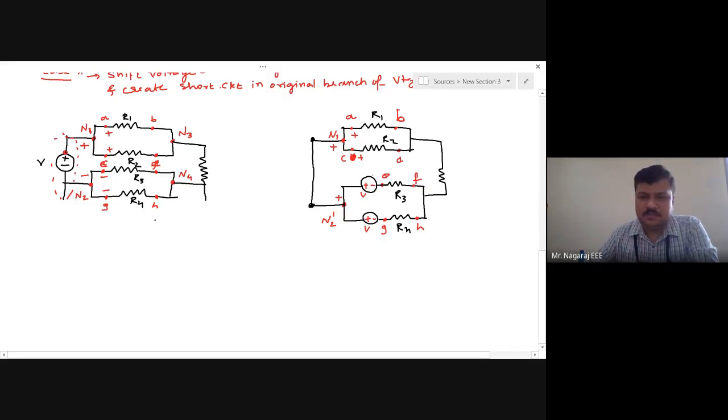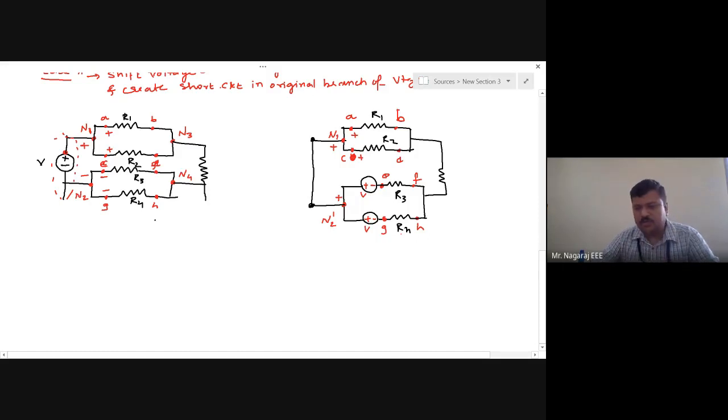Again, this becomes a valid voltage source shifting beyond the node. So this is how we have to shift the voltage source beyond the node. Keep in mind that the polarity of the terminals of circuit elements should be retained after the shifting. That is the rule.